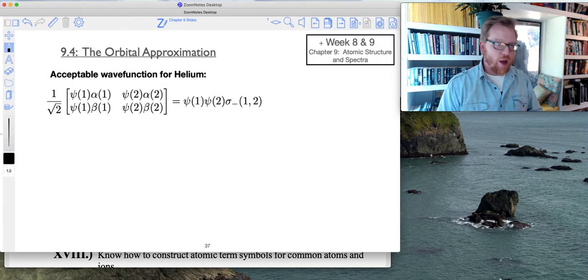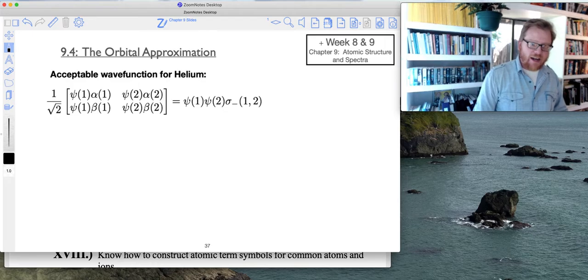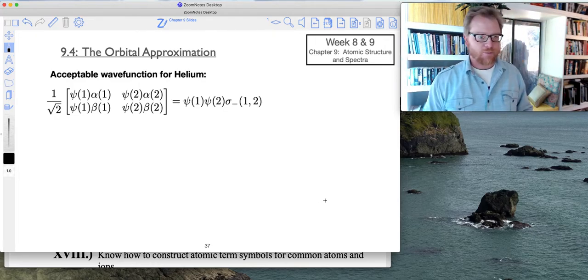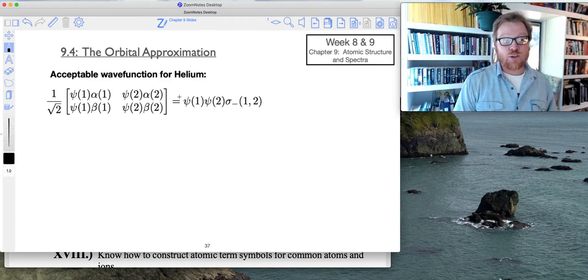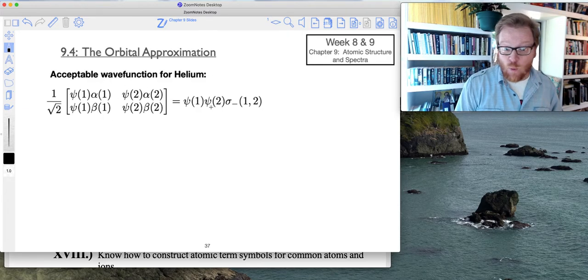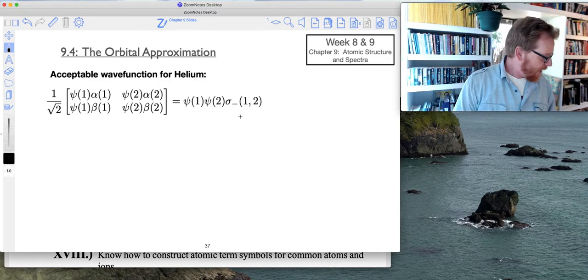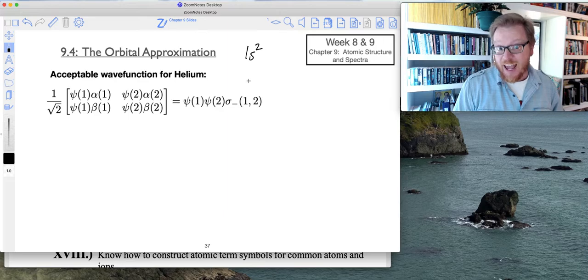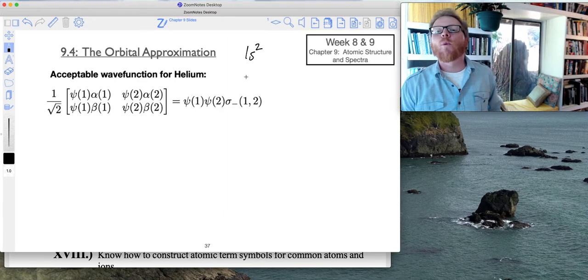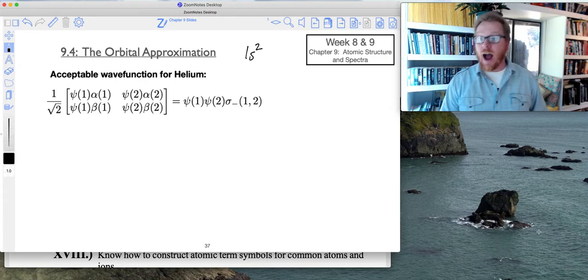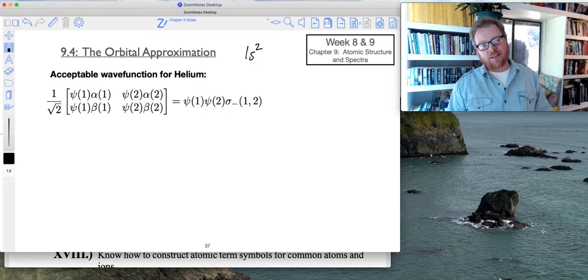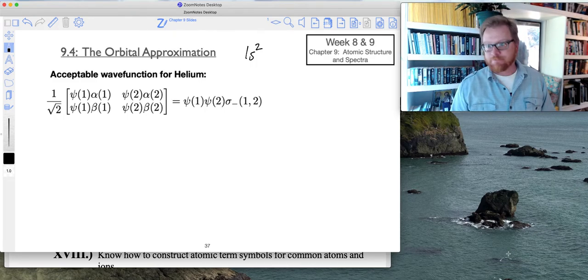Okay, so moving on. We recognize that for helium, there's only going to be one acceptable wave function in this fashion, because we remember that helium is 1s2. And because Pauli tells us no more than 2 electrons may occupy the same orbital, and if they do, their spins must be paired.